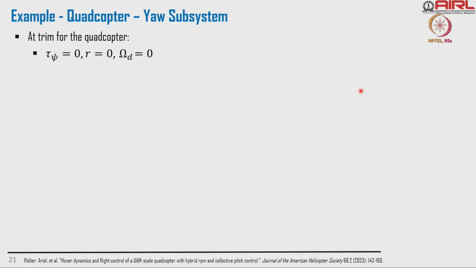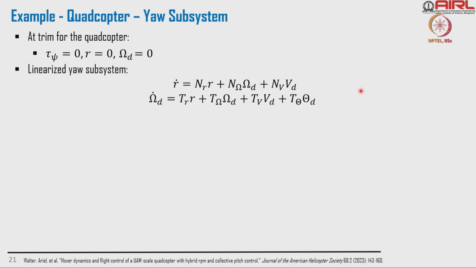So, if I am trying to trim, I am trying to find out the linearized subsystem. R dot will depend on NR R, N omega omega d and NV Vd. Omega d dot will depend on TR R, T omega omega d, TV Vd and T theta theta d.